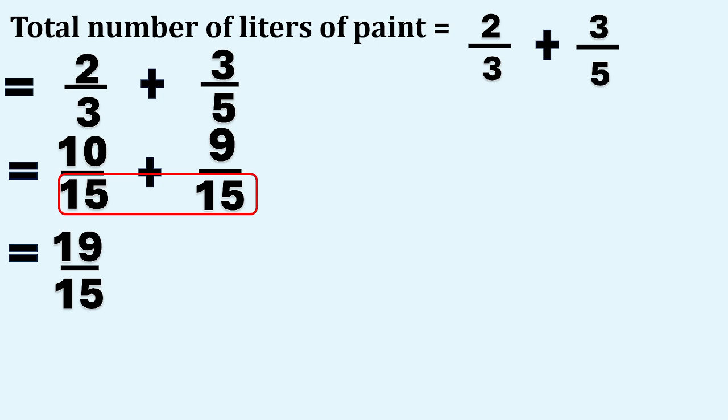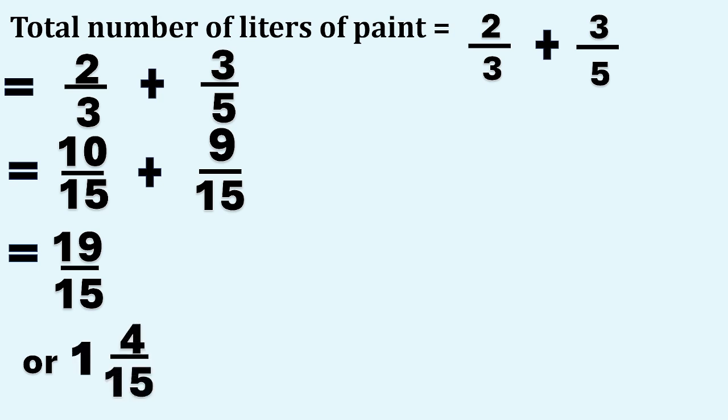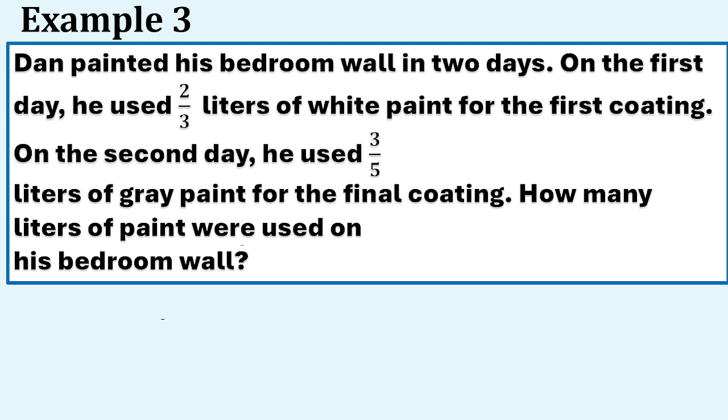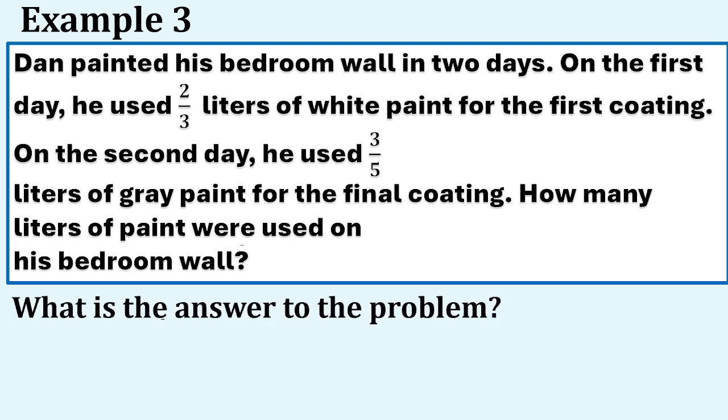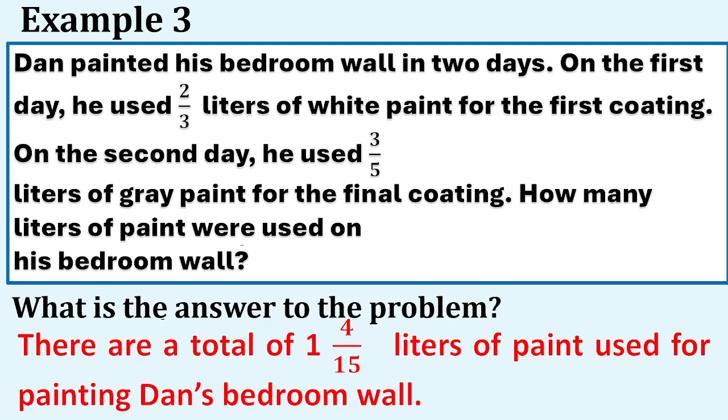Or change this improper fraction to a mixed number. So, the answer is 1 and 4/15. So, what is the answer to the problem? There are a total of 1 and 4/15 liters of paint used for painting Dan's bedroom wall.